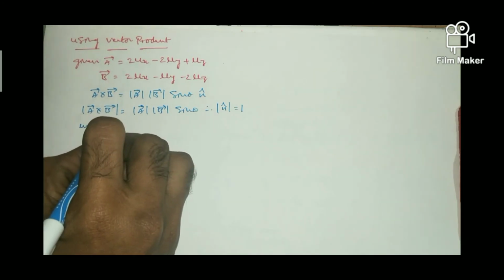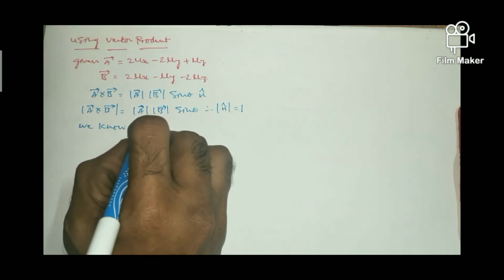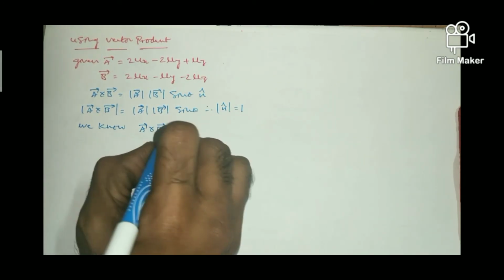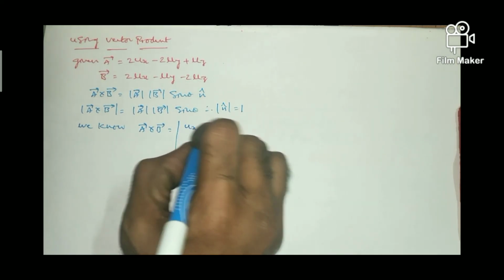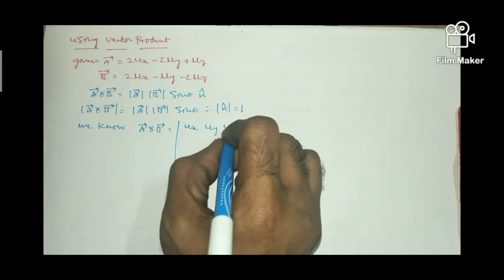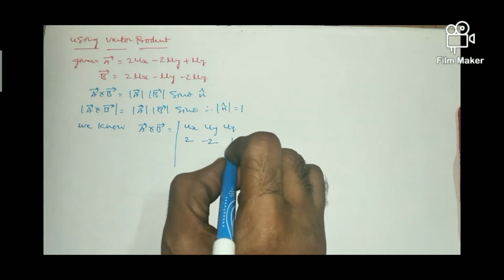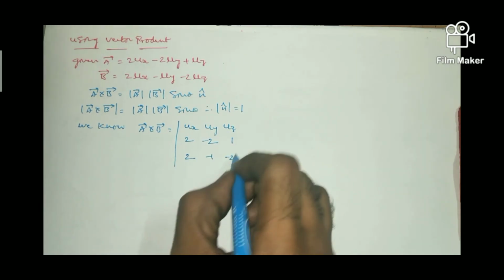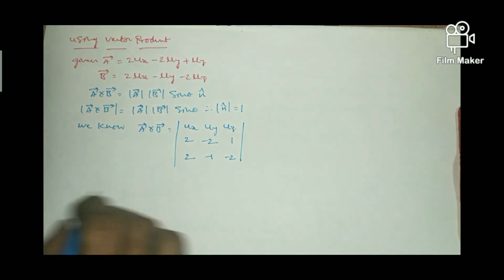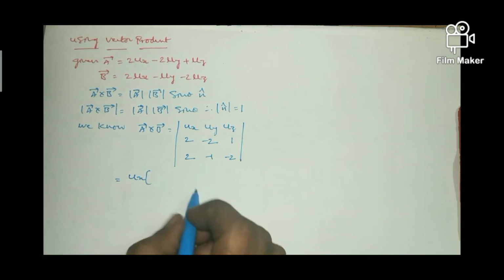Let us find out the cross product a bar cross b bar using the determinant. The first row will be ux, uy and uz. The second row will be the coefficients of the first vector a bar, and the third will be the coefficients of the second vector b bar.